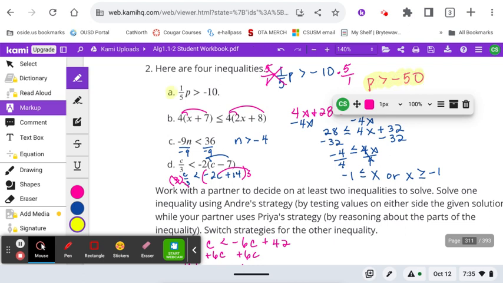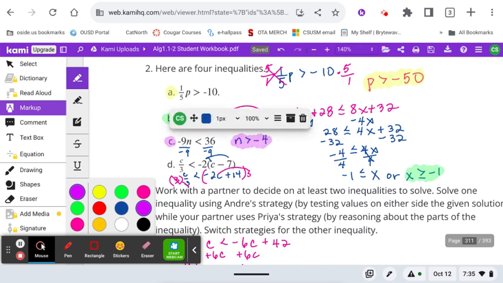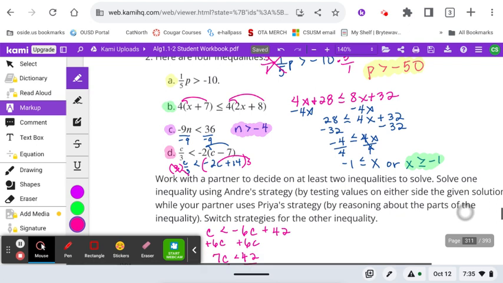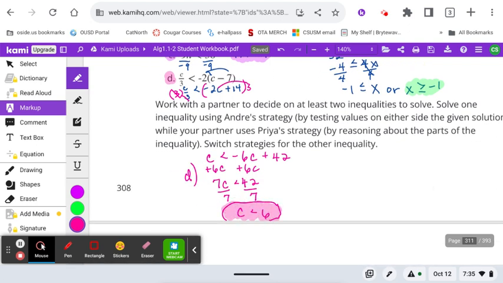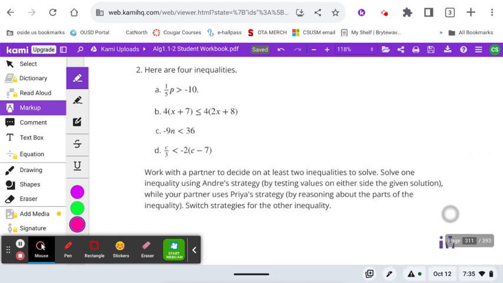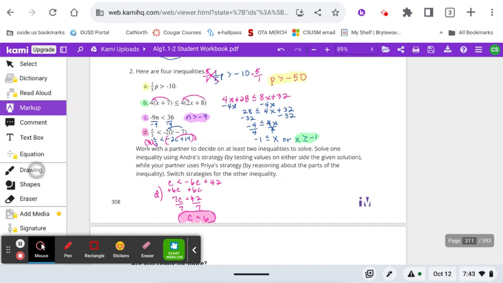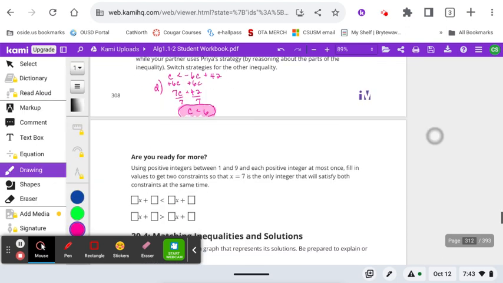This is your answer for part A. Part B. Part C. Okay, hopefully those all made sense now.